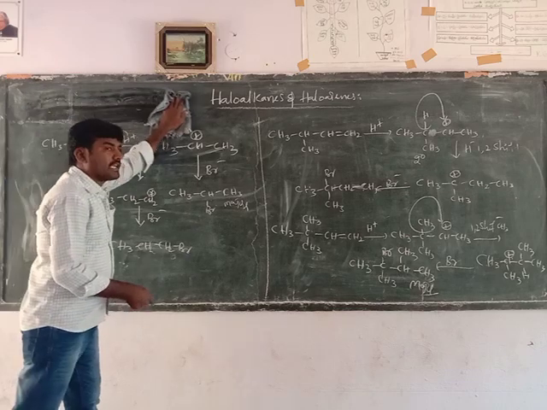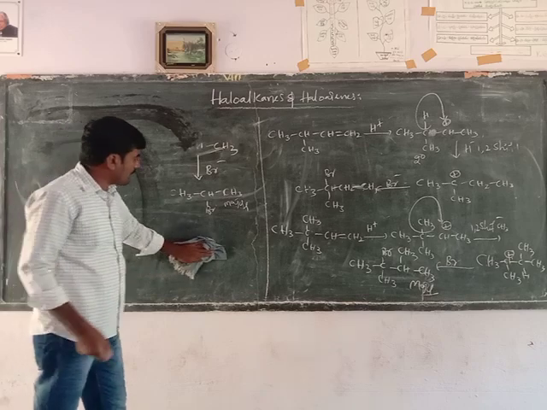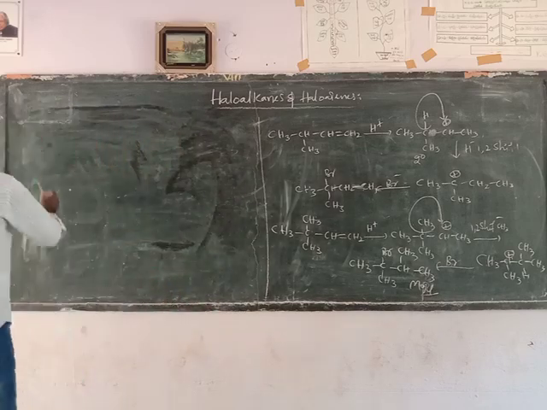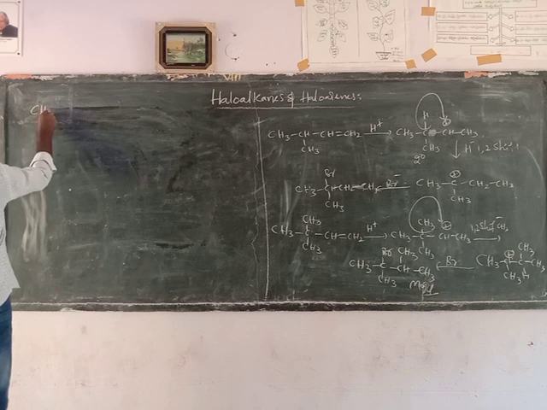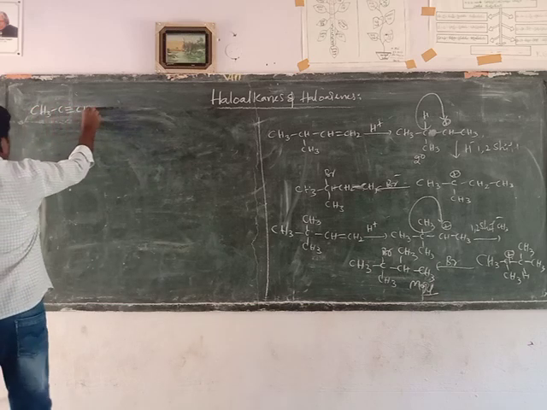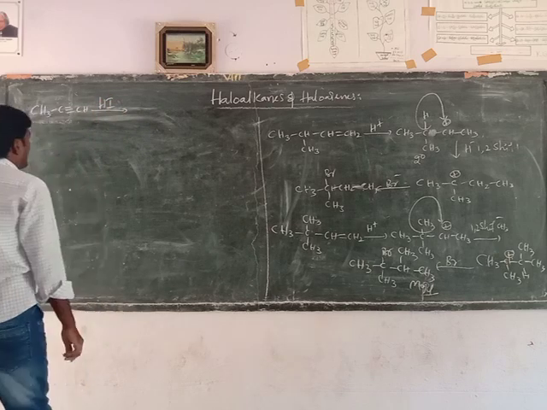Alkynes also follow the Markovnikov rule. Let's take an example, propyne, reacting with hydrogen iodide or hydroiodic acid.